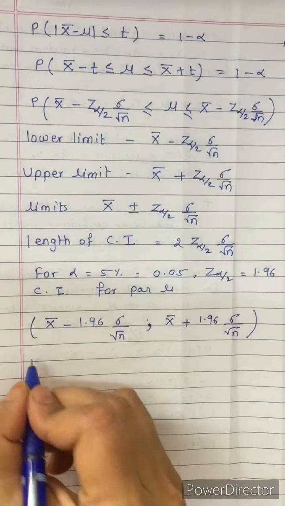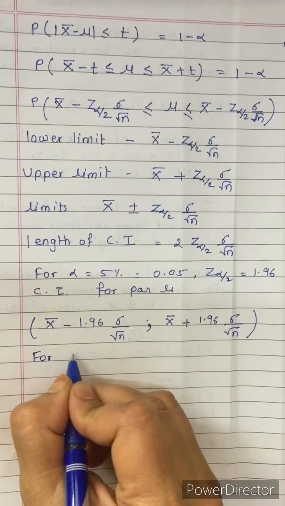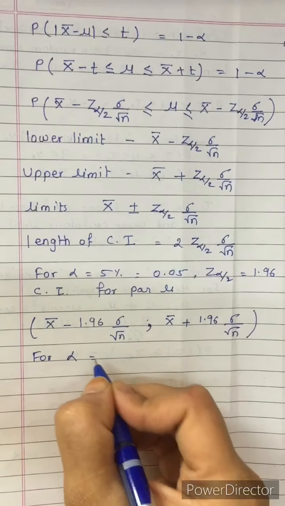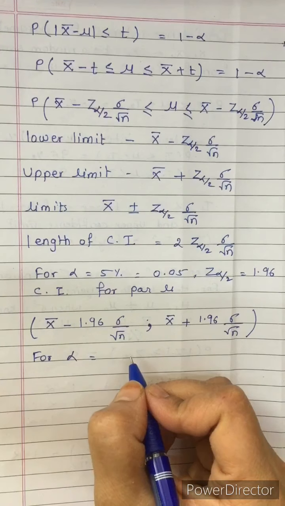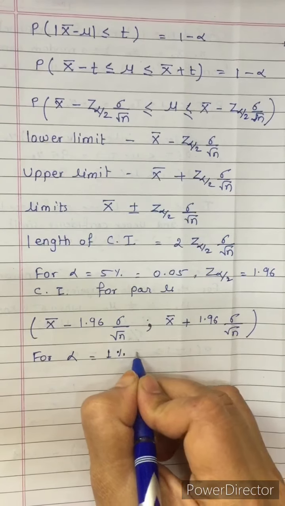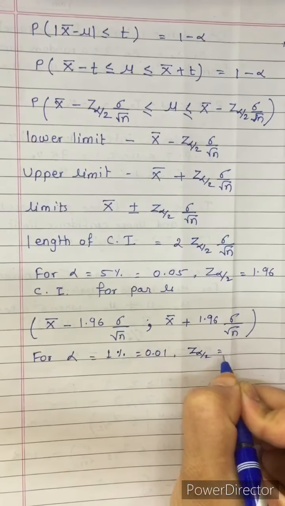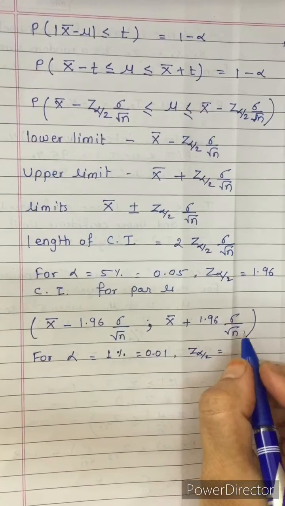Okay, and if alpha is 1% or 0.01, the value for z alpha by 2 is 2.58.